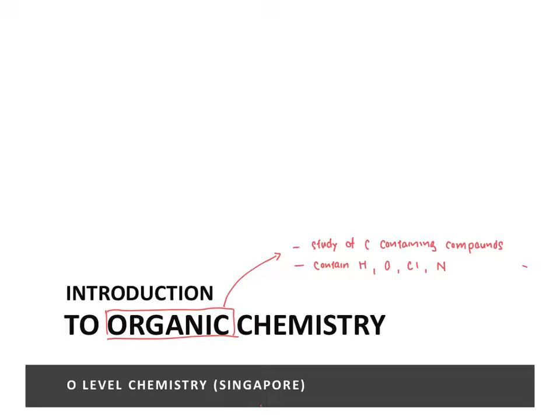Now if you think about it, all these atoms are non-metals. So when they combine together, what kind of compounds would they form? They will form covalent compounds. And covalent compounds with what kind of structures? With simple molecular structures.